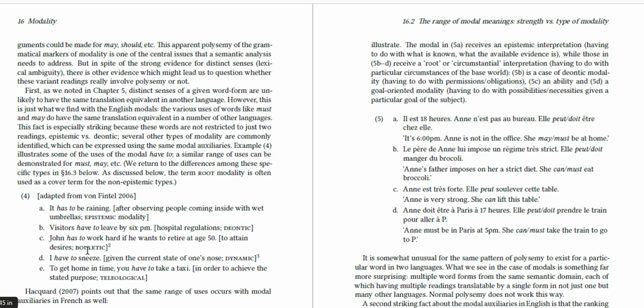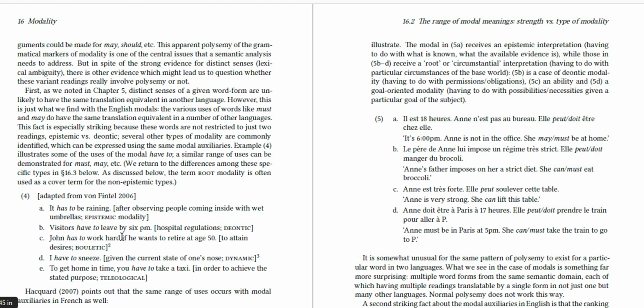And here we can read the example: John has to work hard if he wants to retire at age 50. I hope the meaning is clear for why we define it as part of boulomaic modality, which we say is quite close to deontic. But here we need to understand that it is usually about hoping, desiring, or regretting.